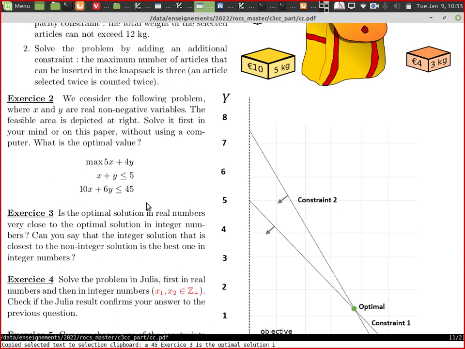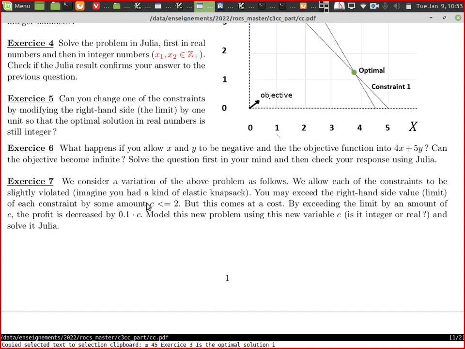This 45 can easily become 46, 47. You understand me? It's a parameter. So what can happen here? You may exceed the right-hand side value, the limit of 45, for instance, by some amount C. Okay, this is still less than 2.